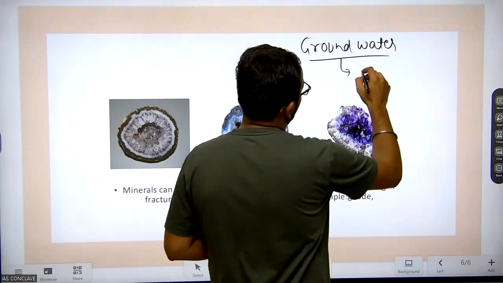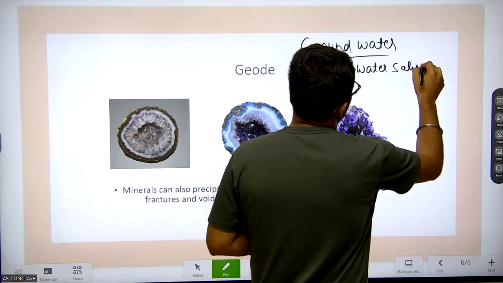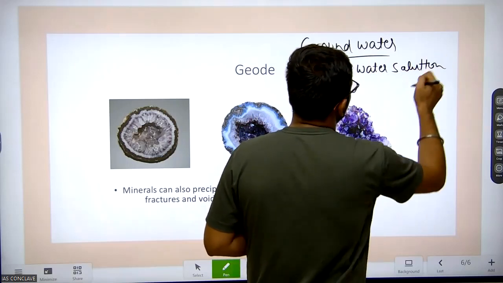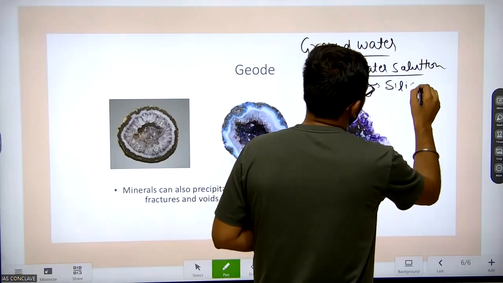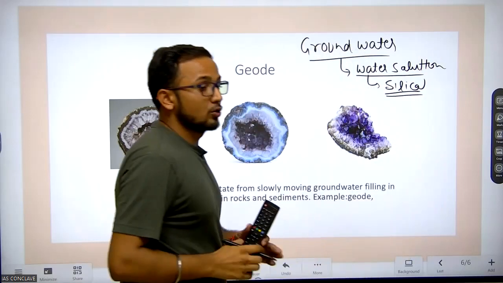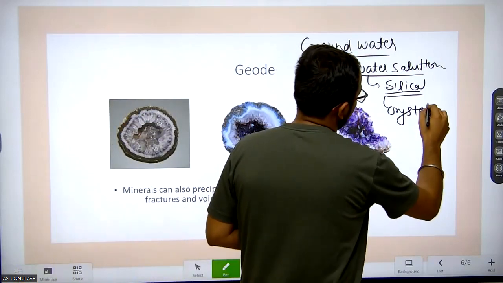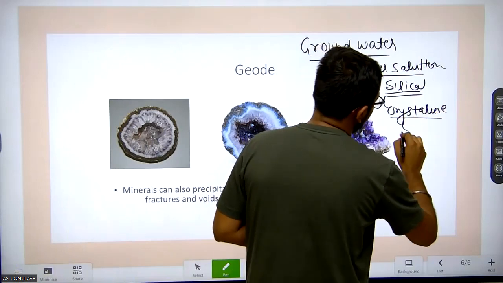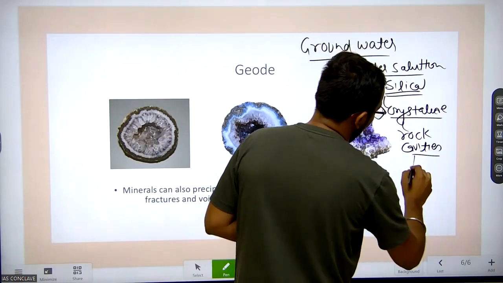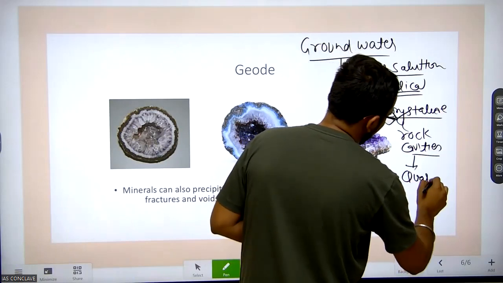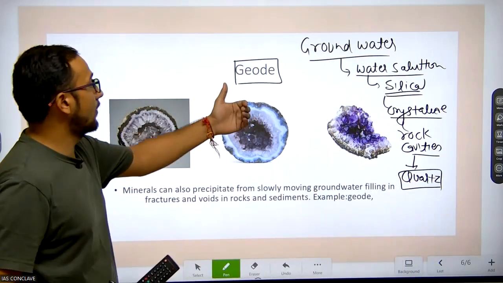The water solution which contains silica slowly crystallizes in the rock cavity, and this is how quartz forms. This we give the name geode.